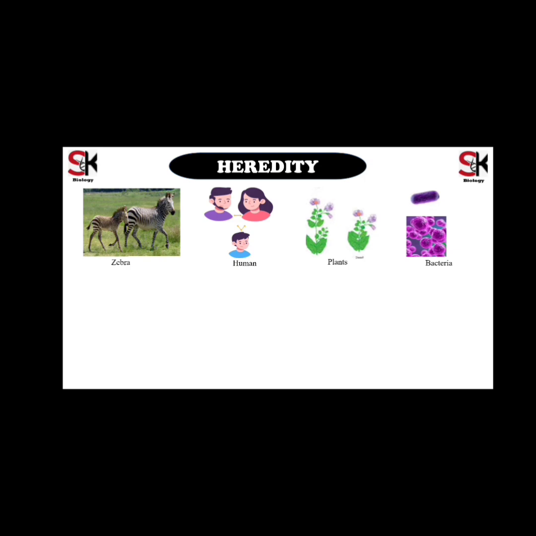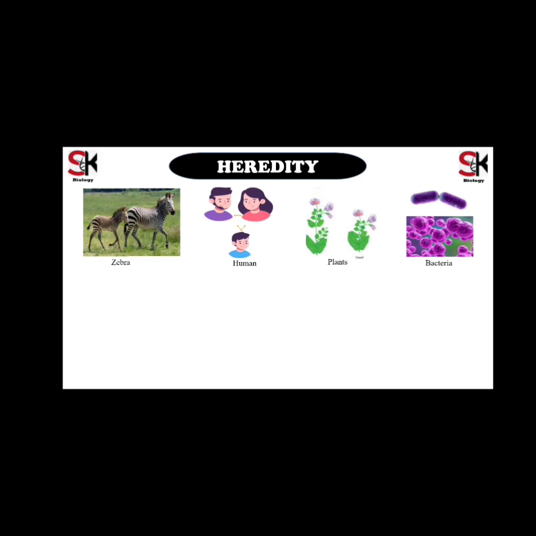For example, if the parent bacteria is rod shaped, it will produce rod shaped bacteria, and if the parent bacteria is spherical in shape, it will produce spherical bacteria. This observation gives us a clear idea that every organism gives birth to a similar kind of organism. I repeat, every organism gives birth to a similar kind of organism.